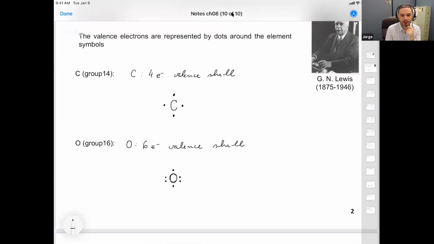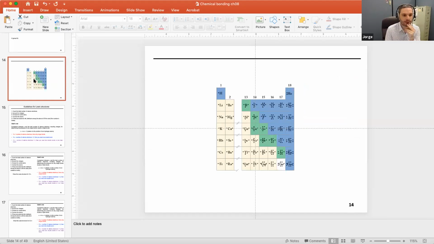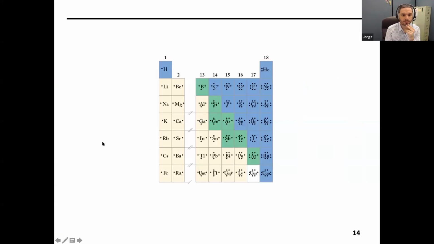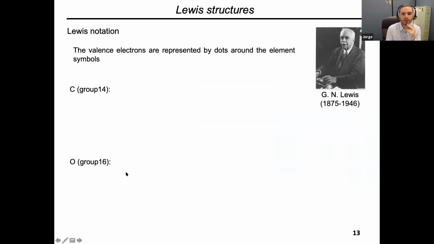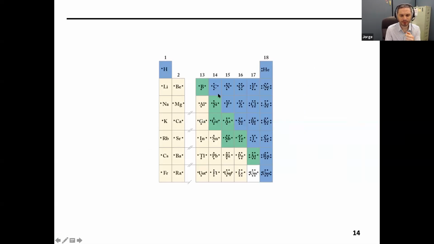Right. Let me shift back to the PowerPoint. I showed you how to use the Lewis notation to represent the valence electrons for any element. In here is just the same thing that I showed you.